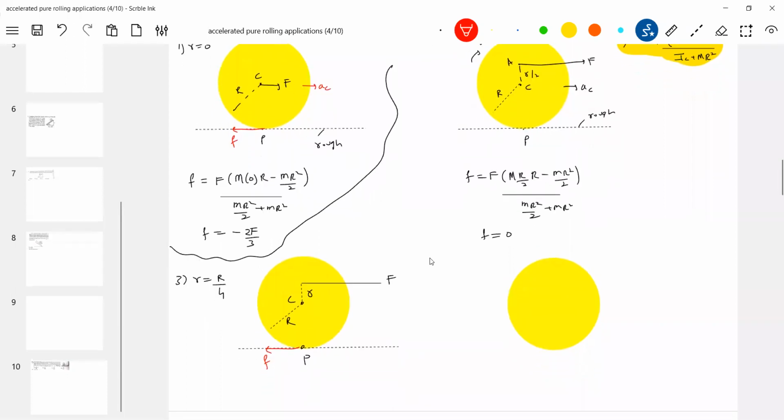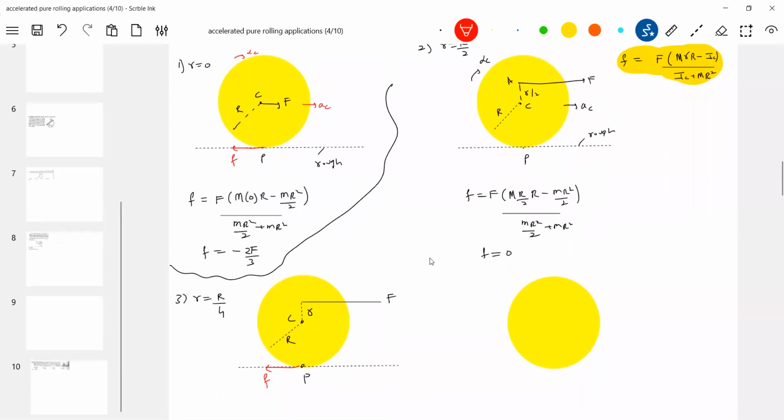So if I substitute all that formula, small f is equal to F into M R by 4, M R square by 2.